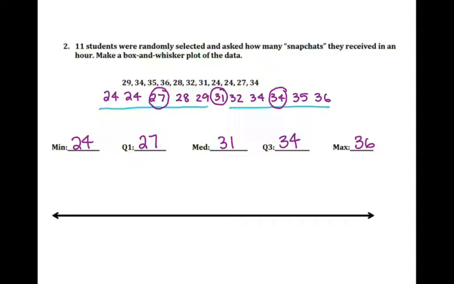Now that I know what numbers I'm actually dealing with, I can go ahead and create my number line. I can see my min is 24 and my max is 36. So I'm going to go ahead and start my number line at 20, and then just continue until I get the correct range of numbers that I need for this particular data set.